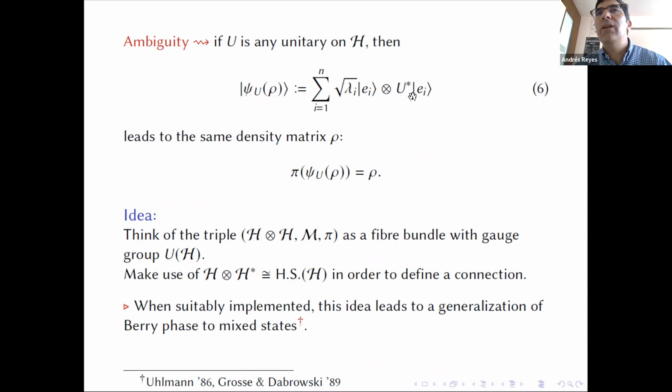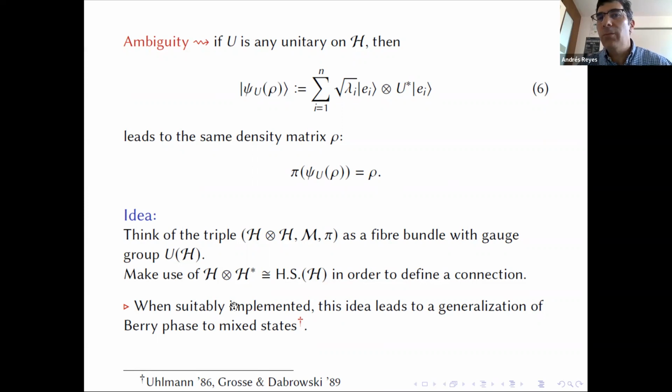No, you just let it act on each e_i, on each one of them. Okay, yes, of course. It is acting on each e_i, but then when you compute the trace, you will get the same density matrix. So this gives this gauge structure.